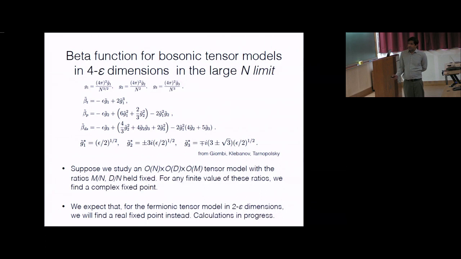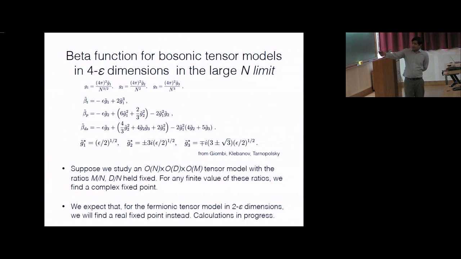You could ask, say we studied the O(N) cross O(T) cross O(M) tensor model with these ratios fixed. Maybe these numbers would change and you could get a real fixed point for some value, but in fact, the numbers stay exactly the same. And you just define G a little differently and there's still a complex fixed point.